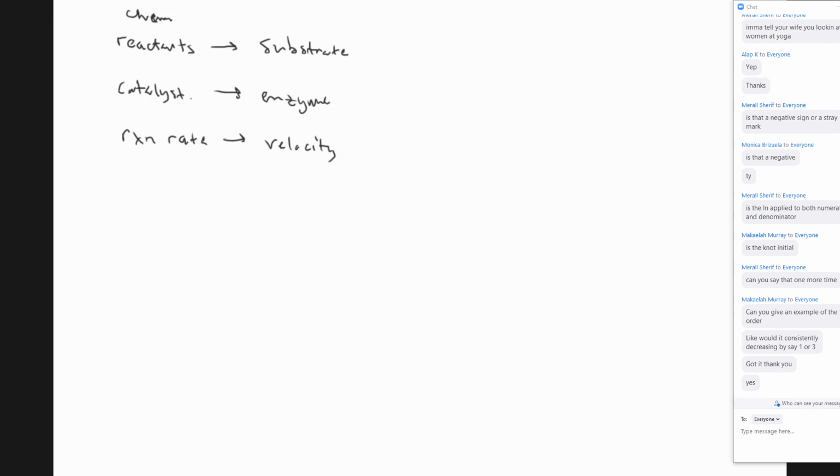Does that make sense? So these are your biochem terms related to what we talked about today in terms of reactants, catalysts, and reaction rate. So we have your substrate, your enzyme, and your velocity.